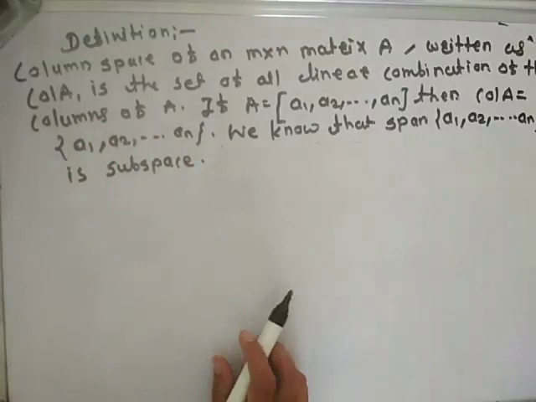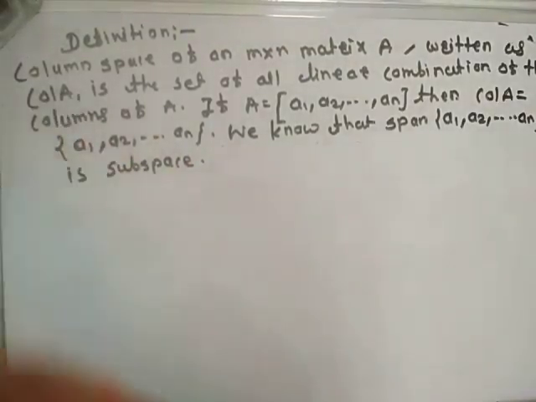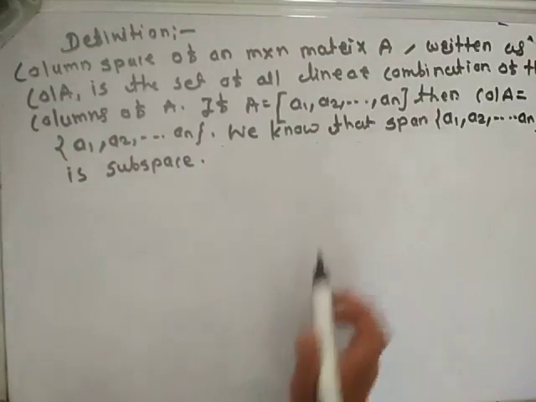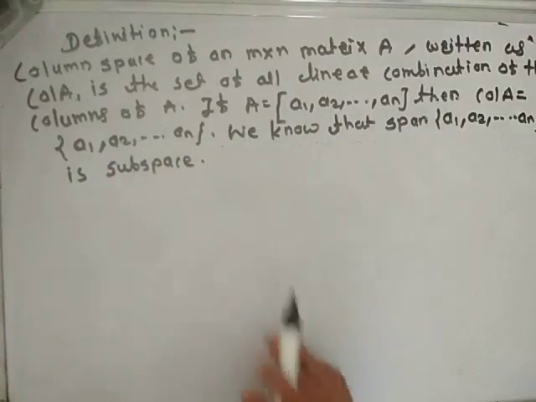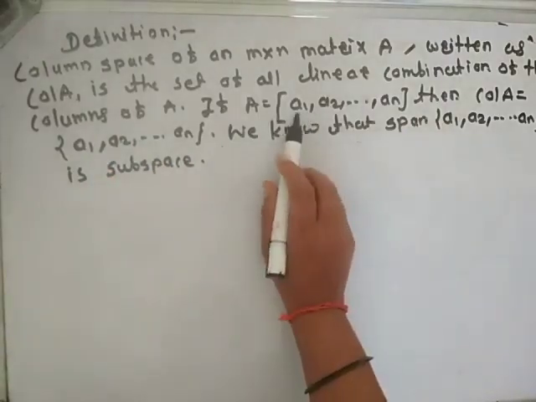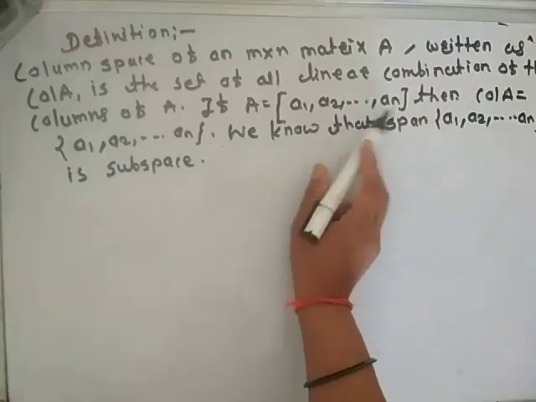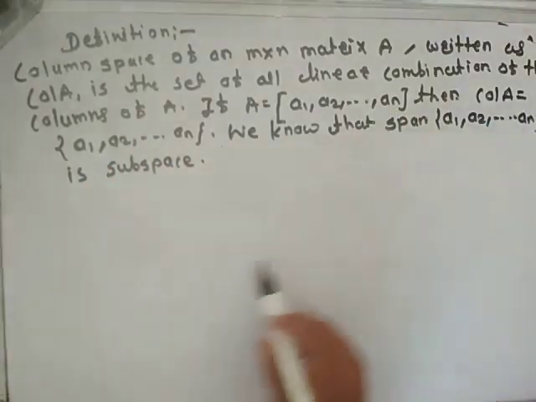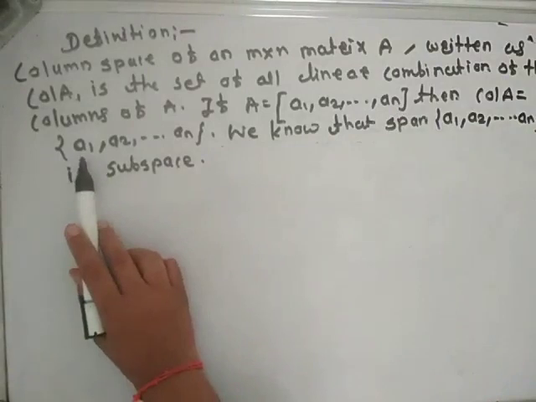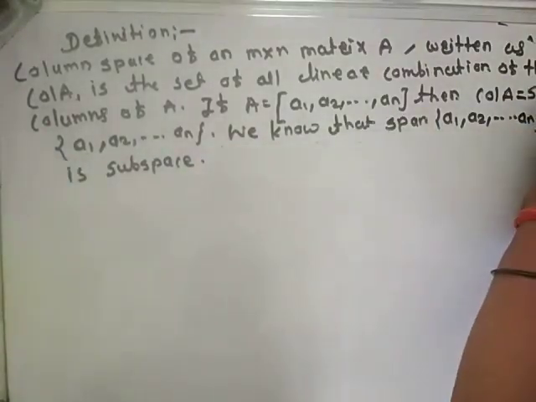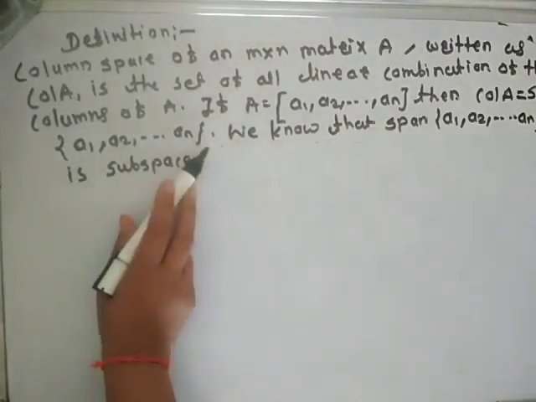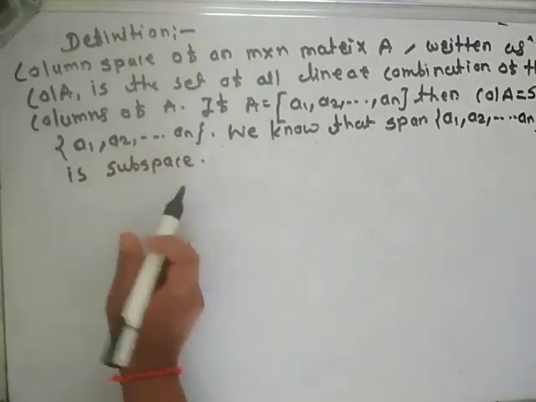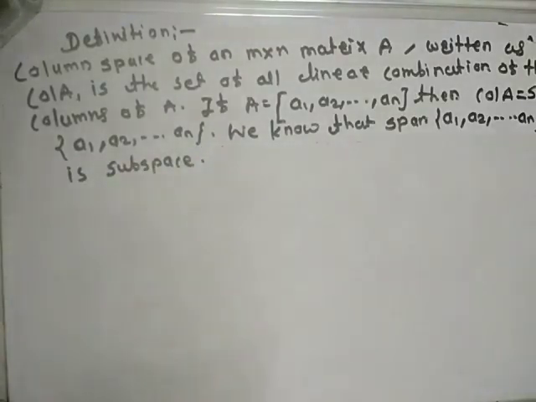The column space of an m by n matrix A, written as Col A, is the set of all linear combinations of the columns of A. That is, if A contains columns a1, a2 and so on up to an, then the column space of A equals the span of a1, a2 and so on up to an. It means it is the set of all linear combinations of the columns of A.